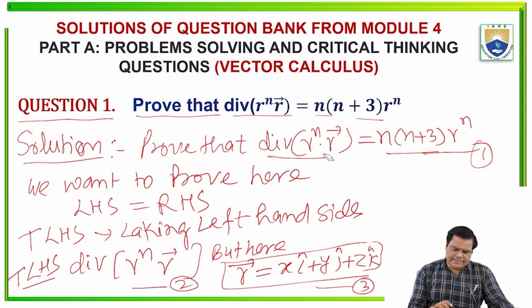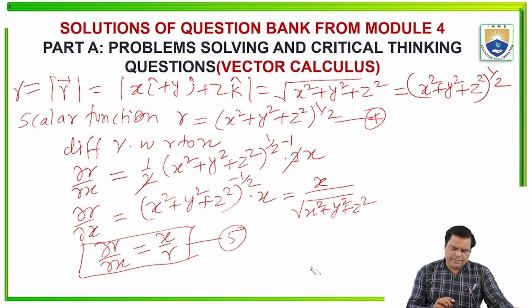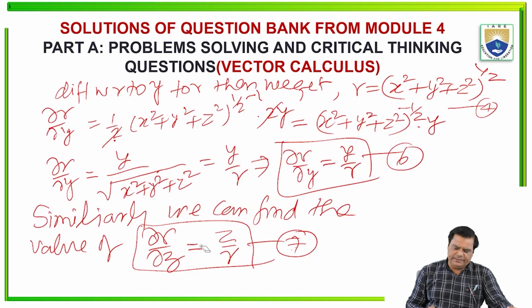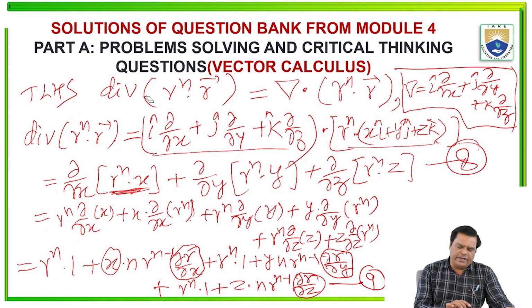So here the divergence of rⁿ. Next, r is this half power, so rⁿ by 2, and rⁿ⁻¹ ∂r/∂x. This is correct: x/r, y/r, z/r. Now the divergence of rⁿ vector r, so rⁿ vector r, where vector r is this.